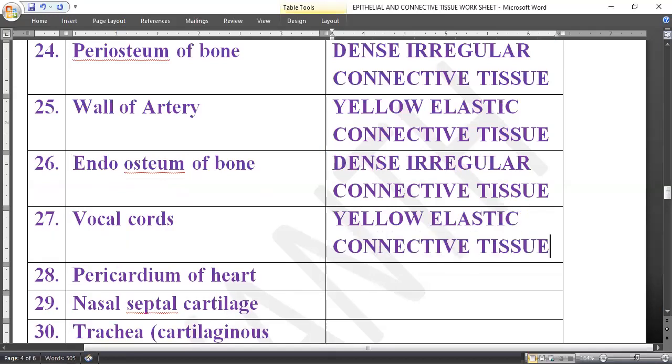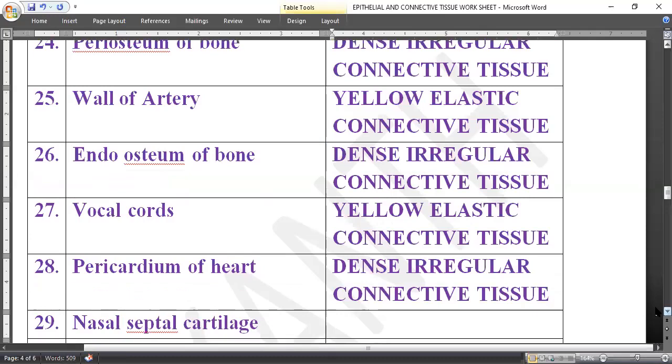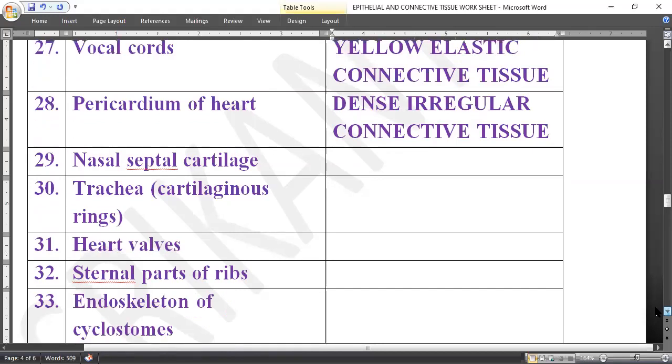Next, pericardium of the heart: dense irregular connective tissue. Next, nasal septal cartilage. Okay, we have not yet gone through cartilage here, so I am leaving it.